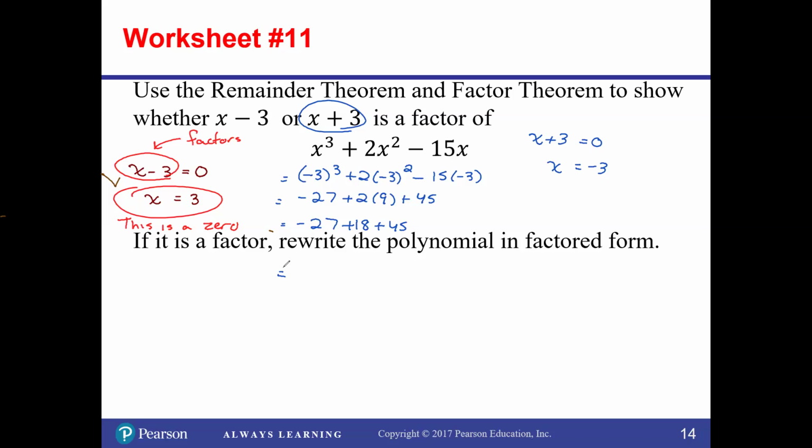So negative 27 plus 18 is equal to negative 9, plus 45, which is going to leave you with 36. So this one here is not a 0 and not a factor.